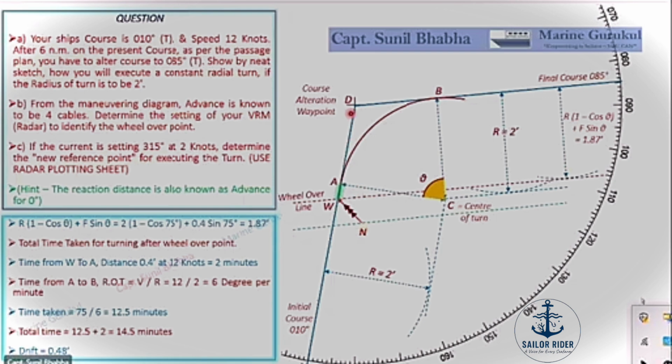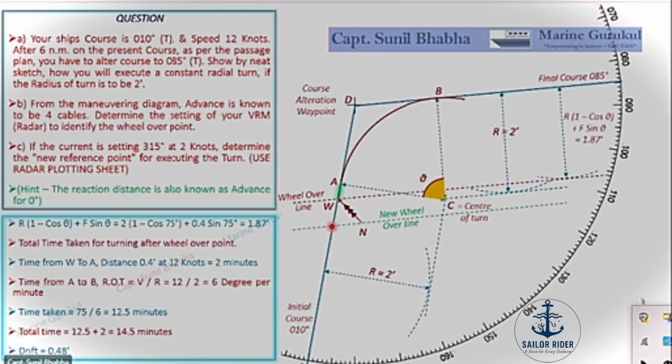The wheel over line will be parallel to our final course of 085. So you can see this green color line passing from point November and parallel to our final course of 085. This line now becomes our new wheel over line. And when you are moving on your initial course, as soon as you touch this green color line here, this becomes your new reference point or new wheel over point.